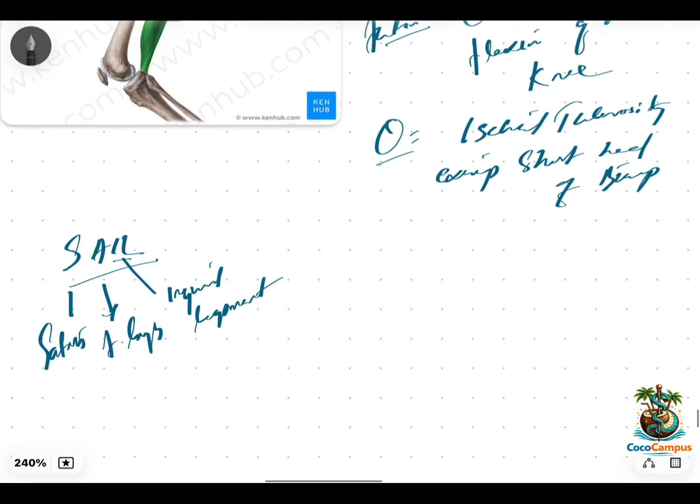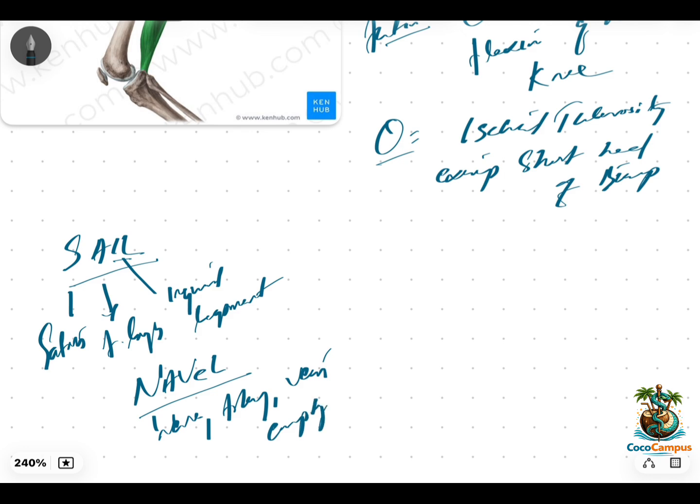Lateral to medial, you have nerve, artery, vein, empty space, lymphatics. So, SAIL for boundaries, NAVEL for contents. Simple.